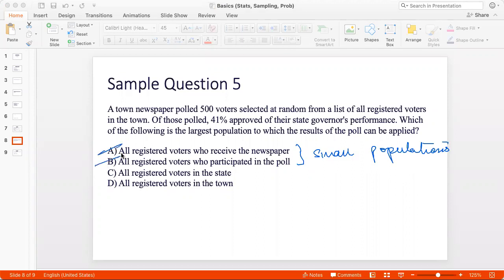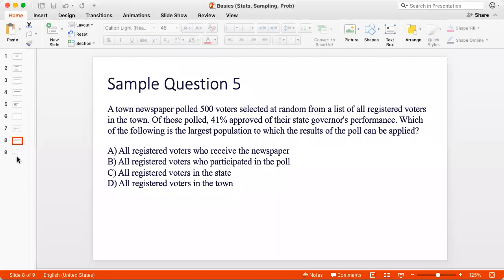I should be able to apply the sample's results, if the sample is random, to all the registered voters in the town, right? In the state would be too large a population because other towns will have other issues and we don't know if other towns will have a similar response to the governor's performance. So the right answer is option D. All registered voters in the town is the correct population to which the sample results can be applied.